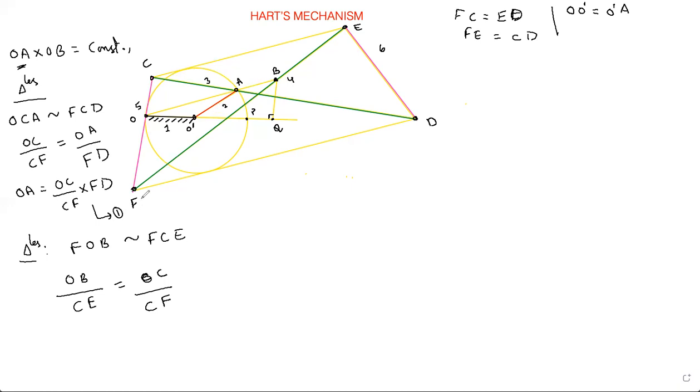I hope you understood about this triangle, the larger one. I have written OB by CE is equal to OC of the smaller, is it OC? No, I'm sorry. It's not OC by CF actually. The smaller triangle I can directly write down.